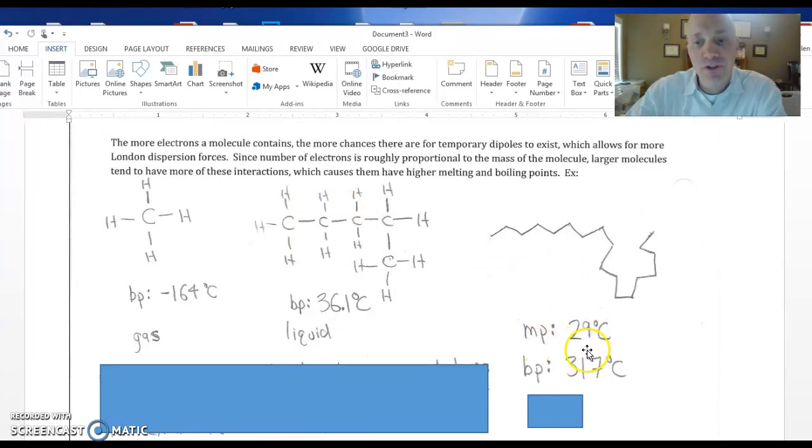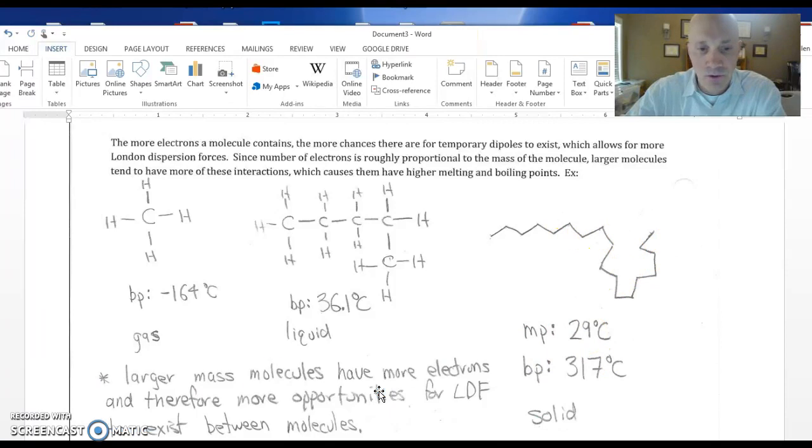And on this material, I showed that the boiling point is way higher than the boiling point here. But when you get this high, you start to have to worry about where the melting point is. And for this, the melting point is 29. So at room temperature, we would be below the melting point of this. So at room temperature, this stuff right here would be a solid.